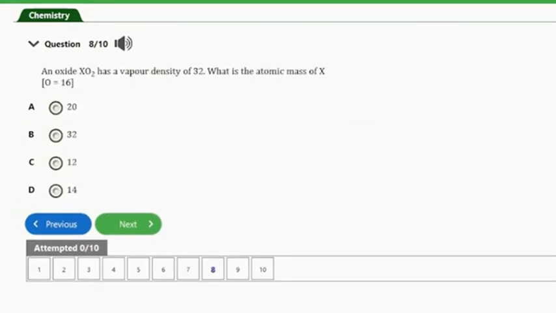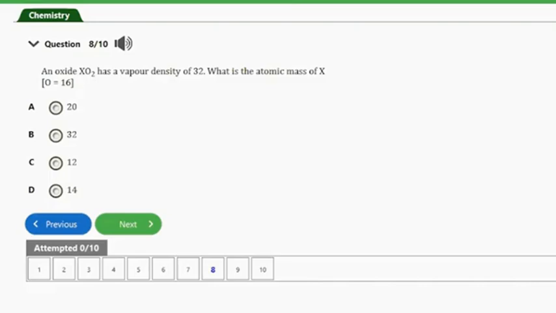That's question number 8. So question number 8 says, an oxide XO2 has a vapor density of 32. What is the atomic mass of X? Take O to be 16. So guys, we have here option A 20, option B 32, option C 12, and option D 14.